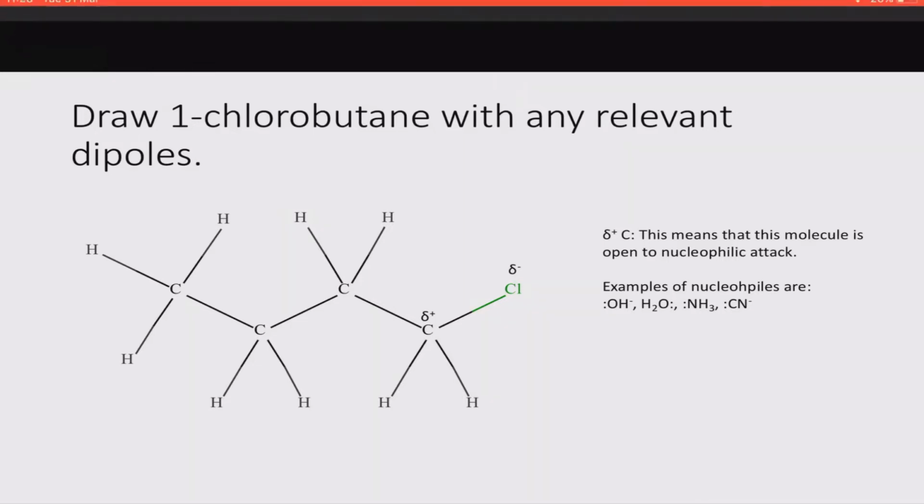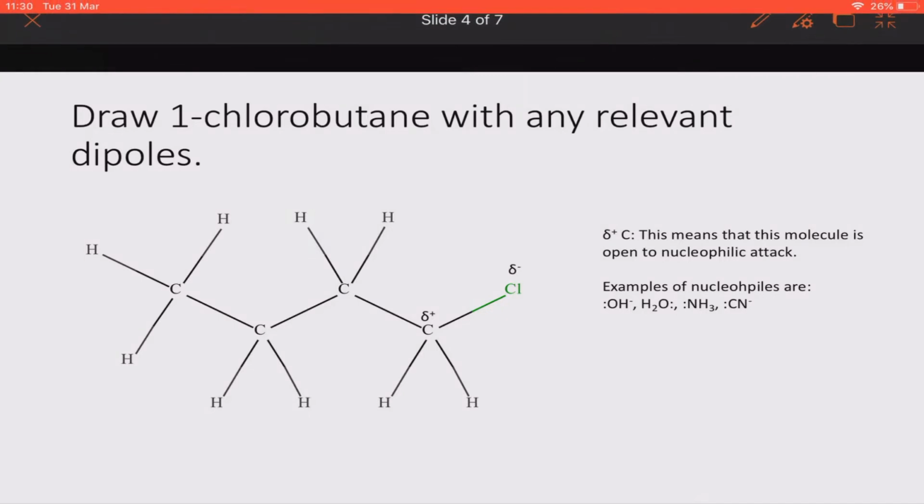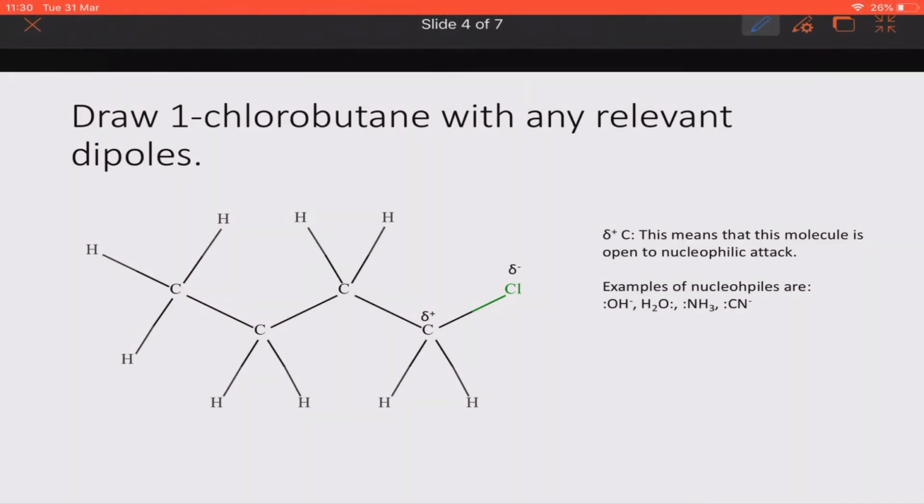Do notice how I have drawn this. If you're doing a mechanism, you need to either show your hydroxide with its 2 electrons over here, let's make them slightly bigger, and you can have your negative charge anywhere, or if you're not showing the pair of electrons, it's really important that your negative charge is on the oxygen atom, because that is actually where it is.